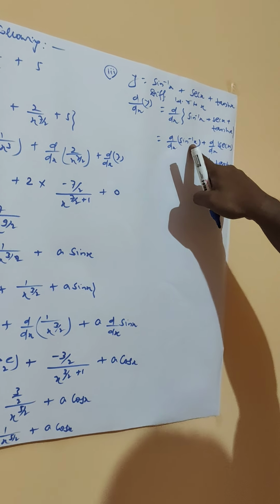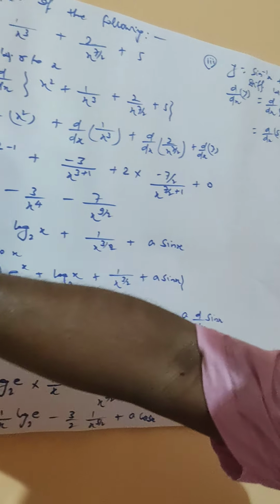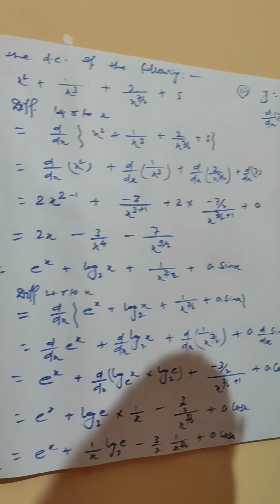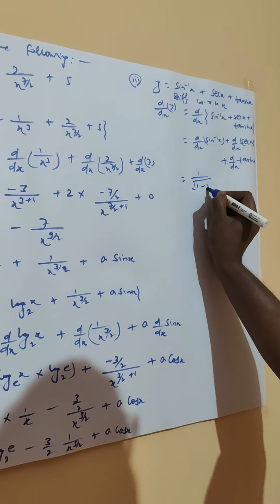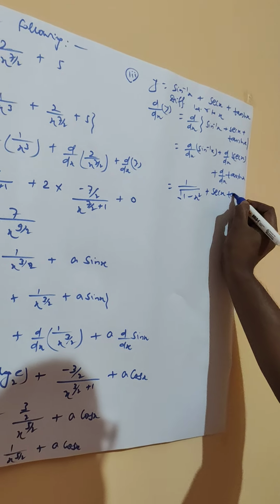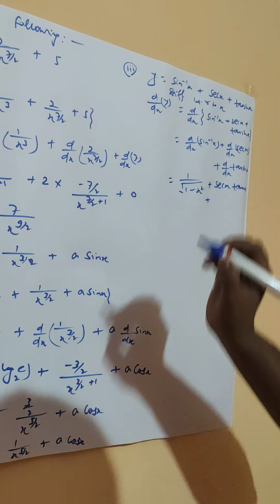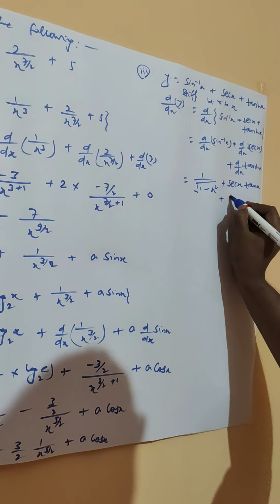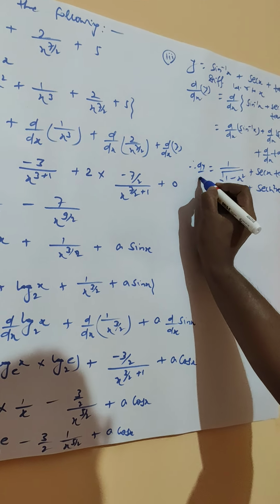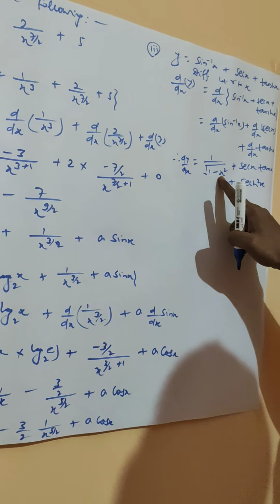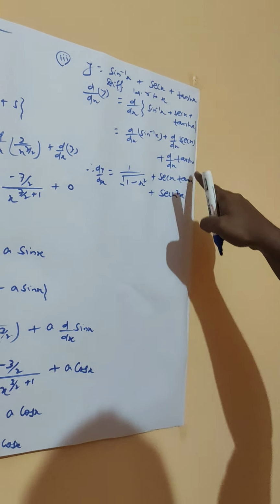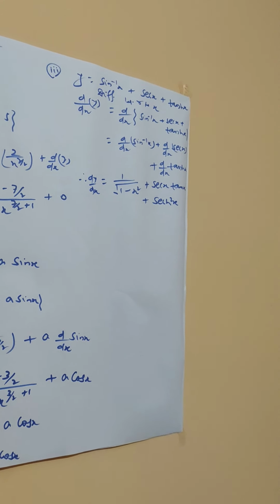Now d by dx of sin inverse x is 1 by square root of 1 minus x squared, then sec x into tan x, and the derivative of tan hyperbolic x is sec hyperbolic square x. So dy by dx is 1 by square root of 1 minus x square, plus sec x tan x, plus sec hyperbolic square x.